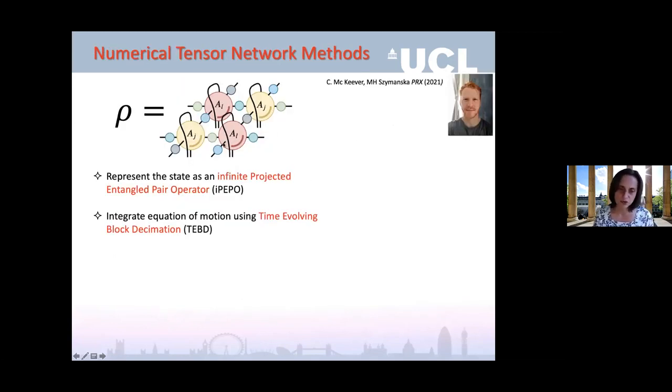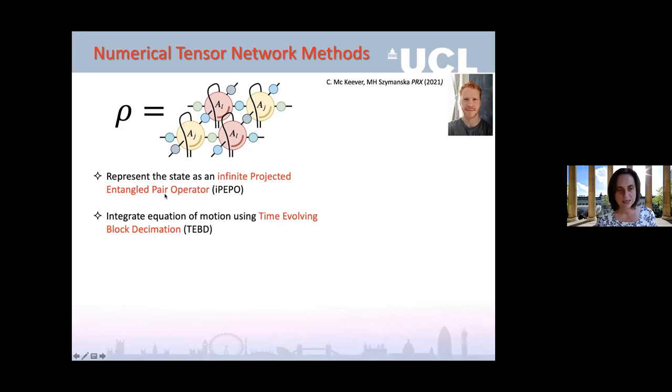I won't go too much through the algorithm, otherwise, we have very little time, but it was just taking ideas from equilibrium systems and putting them together, and luckily making the whole algorithm work for driven and dissipative systems.